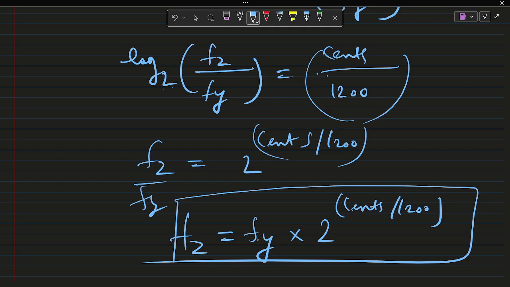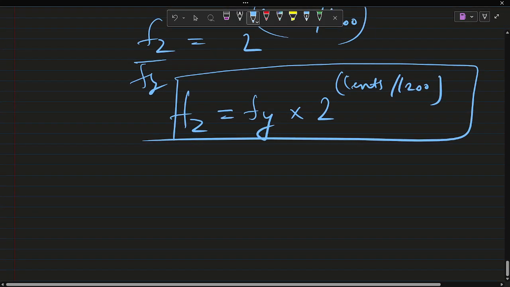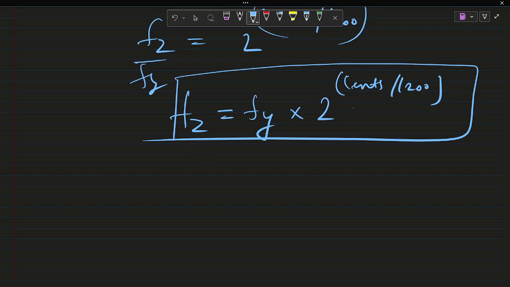In your question, you can be given the values of fz and cents, and you need to calculate fy. Or you may get the values of fz and fy, and you need to calculate the number of cents between these frequencies. Or you need to calculate fz based on cents.